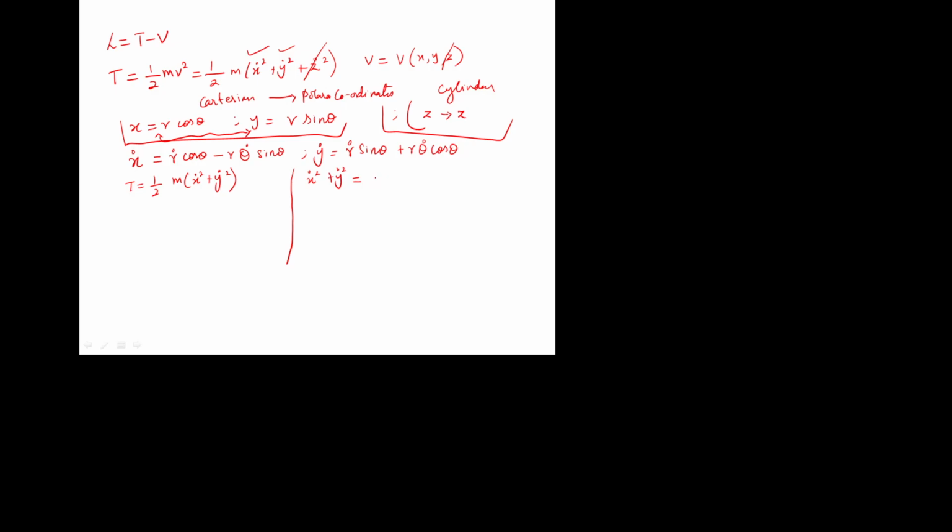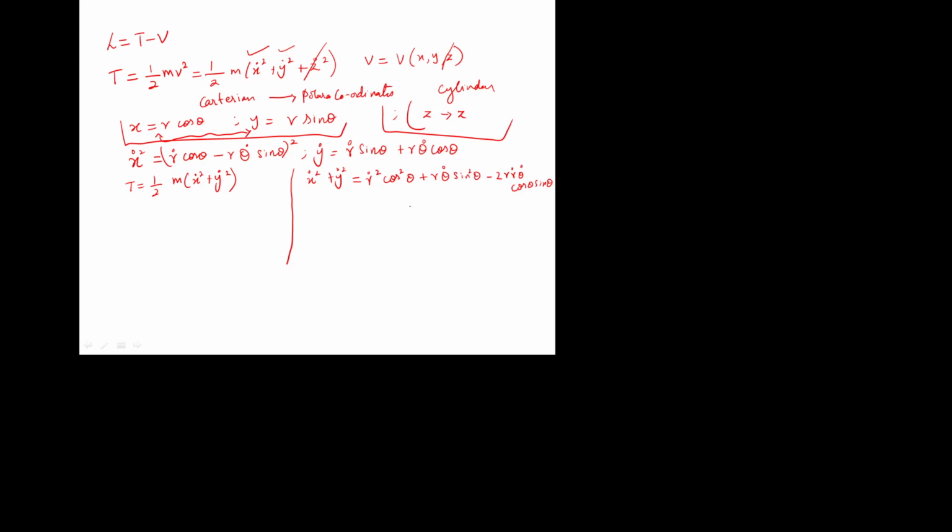We have to square the x dot term, so we can write r dot squared cos squared theta plus r squared theta dot squared sin squared theta minus 2 r r dot theta dot cos theta sin theta.